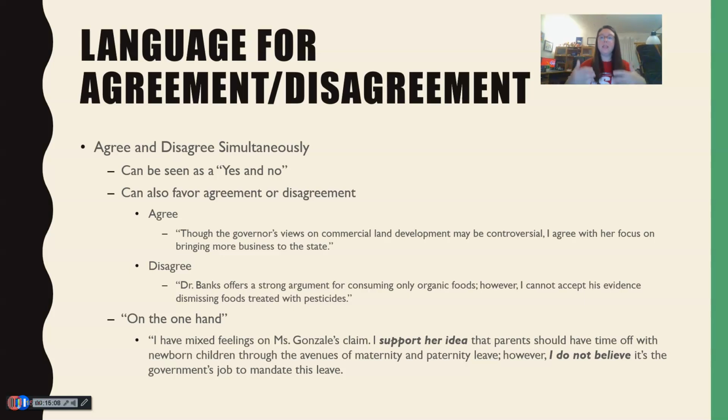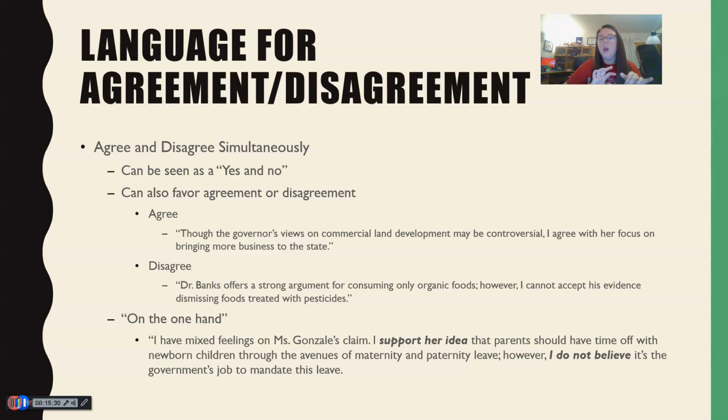So, this might read, "I have mixed feelings on Miss Gonzalez's claim. I support her idea," indicating agreement, "that parents should have time off with their newborn children through the avenues of maternity and paternity leave. However, I do not believe it's the government's job to mandate this leave."